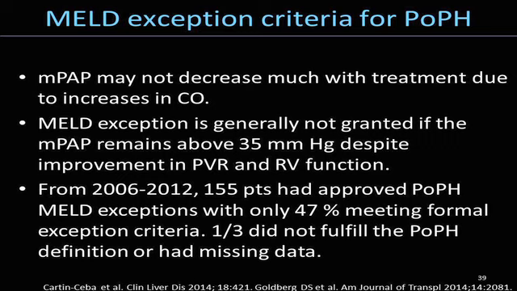That's why I was just focusing on trying to identify the appropriate profile, the same profile that I showed you. And another about 50% of them did not meet the formal exception criteria. So this will obviously have to be revised, as half of those patients didn't meet the criteria for MELD exception.